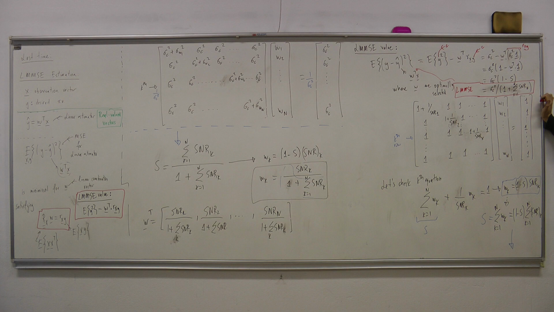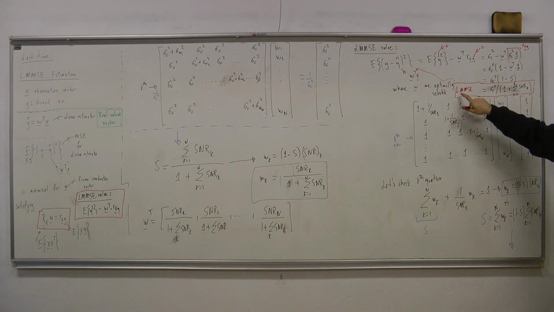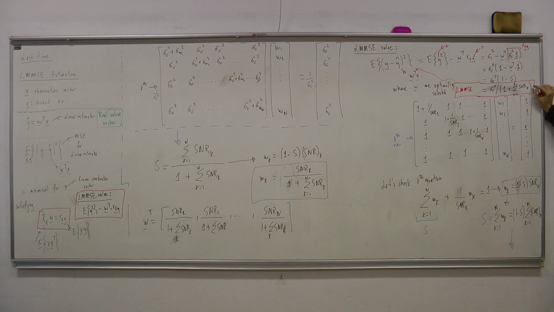So how can I answer that question? Maybe I can calculate this linear mean square error result. According to this, it doesn't matter how many observations you have, because for the linear minimum mean square error result, the summation of all of those SNRs is what is important. The sum of the SNRs is a critical value. So if somebody can give me a single observation with a good SNR, maybe that's good enough for my purposes.